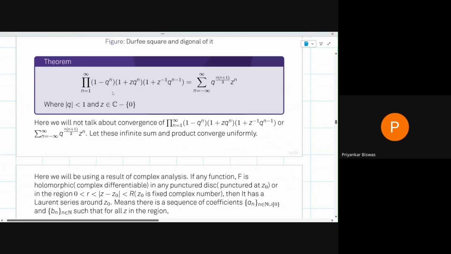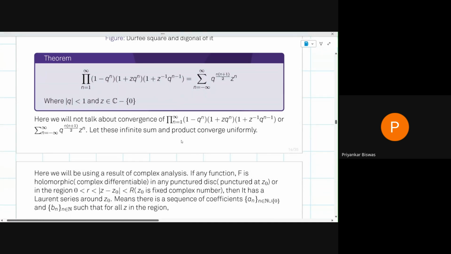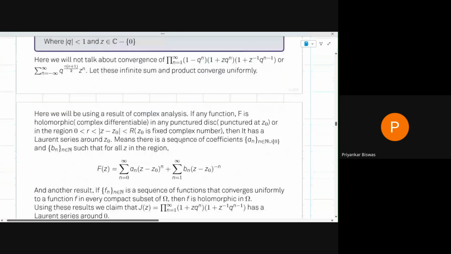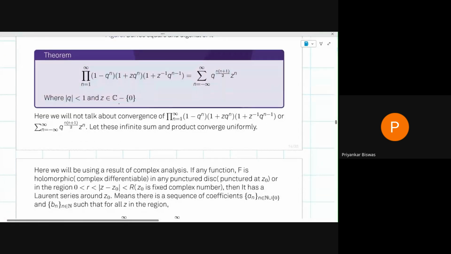In particular, in this case, if you fix q, you can express this product as the sum of a_n(q) z power n, n equals minus infinity to plus infinity. This type of sum is called a Laurent series expansion.